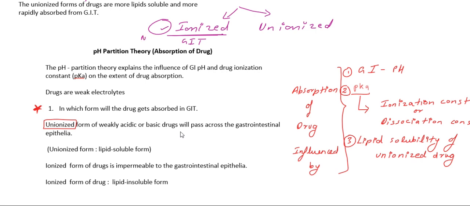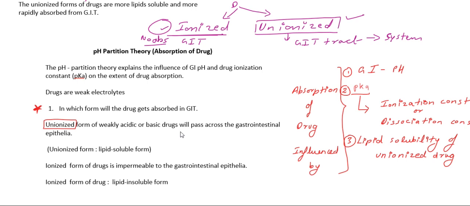But if it is in the unionized form, it will get absorbed through the GIT, and then reach the systemic circulation, or we can call it the blood circulation. If it is in ionized form, it will not get absorbed through the GIT.